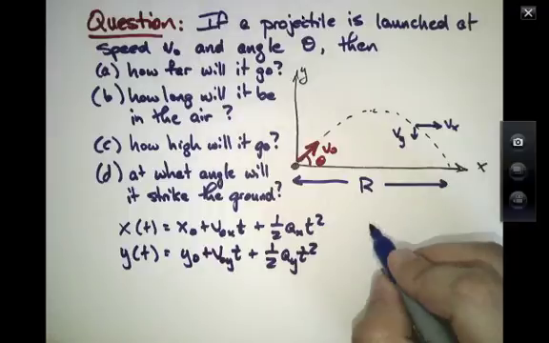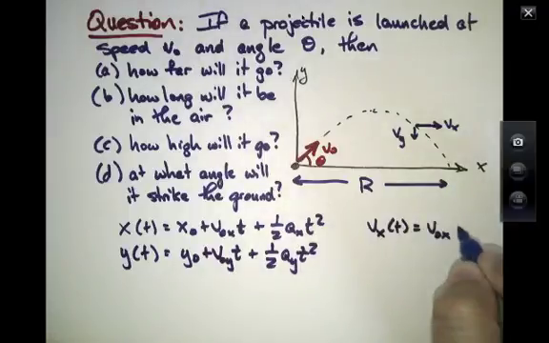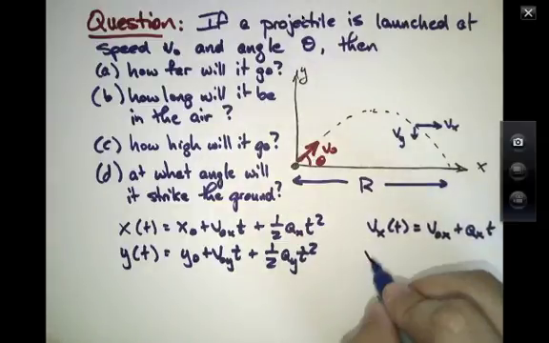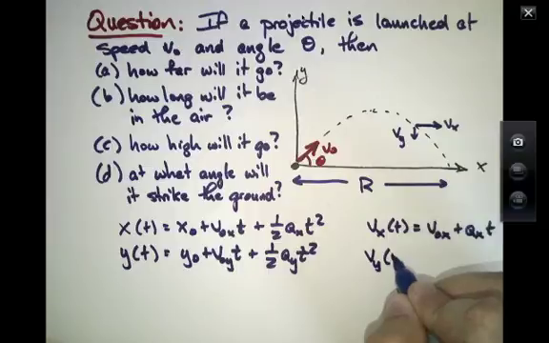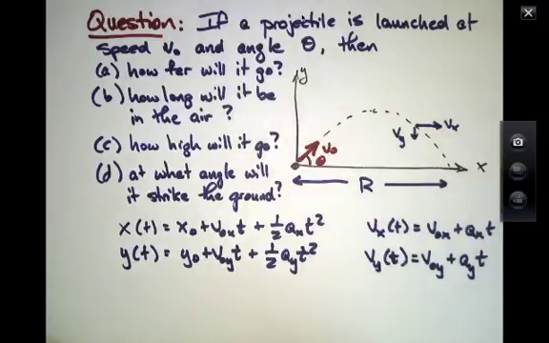And likewise, vx as a function of time is v naught x plus ax t, and vy, the y component of velocity, is v naught y plus ay times time.